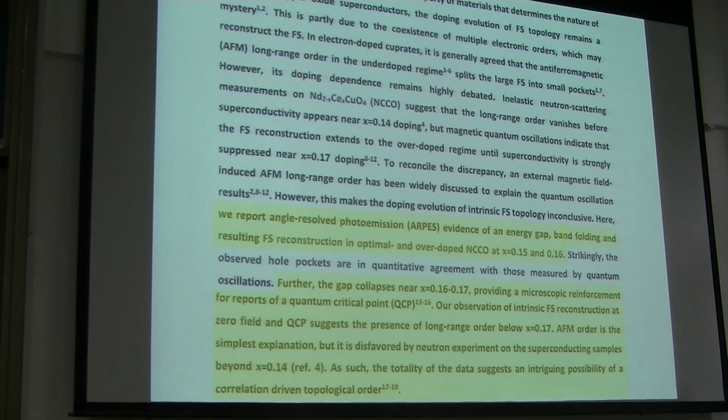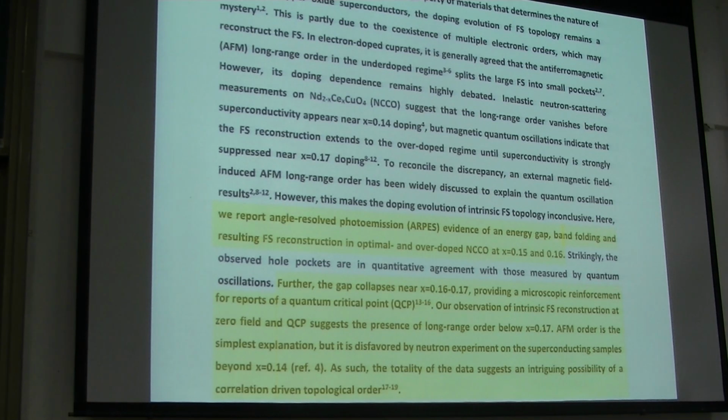And what they claim is that at 0.15 and 0.16, there's a gap. They see an energy gap with band folding, with Fermi surface reconstruction, which is exactly what this theory has, the gap over there. The gap collapses near 0.16, providing one critical point.